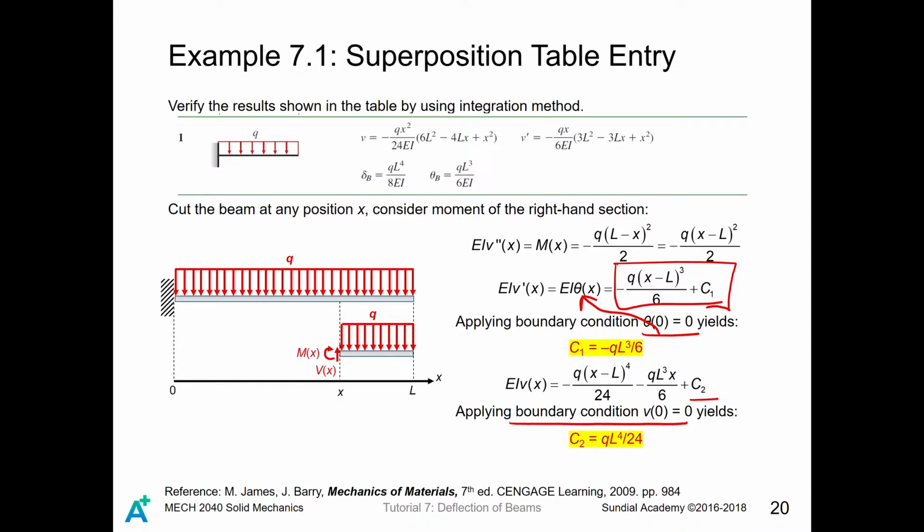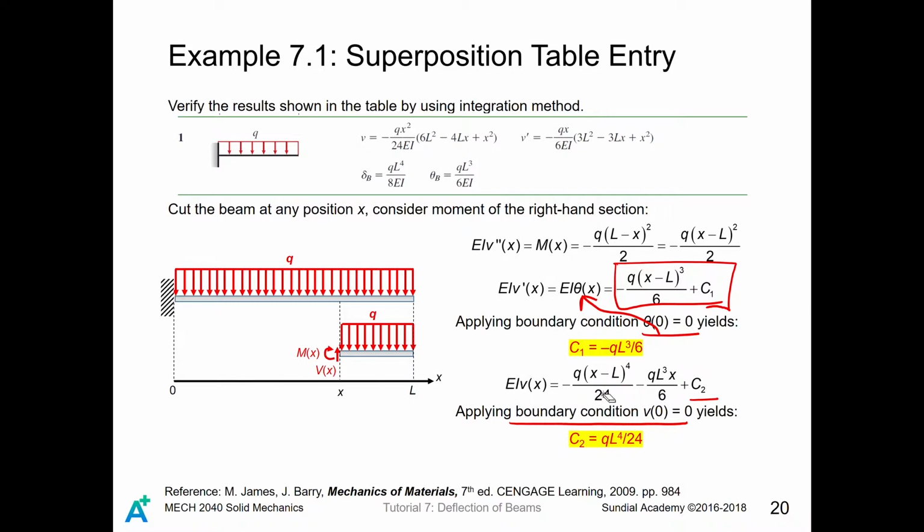Notice that in the superposition table, they like to express the deflection curve in terms of a single term v, or y, on the left hand side. But here we have EI next to it. This is why there is no EI in the denominator.